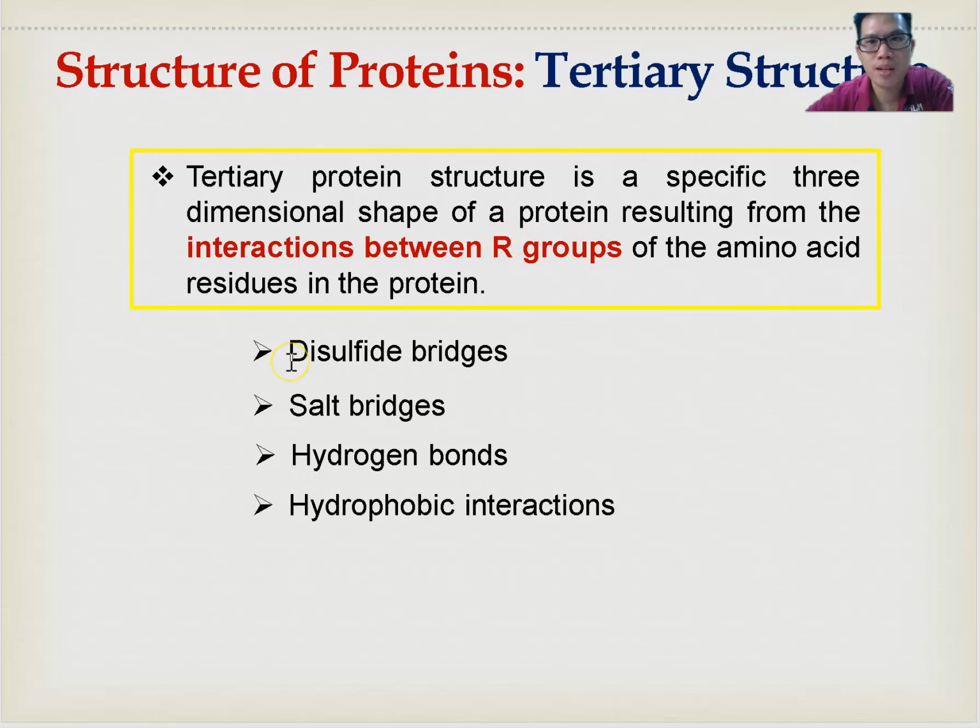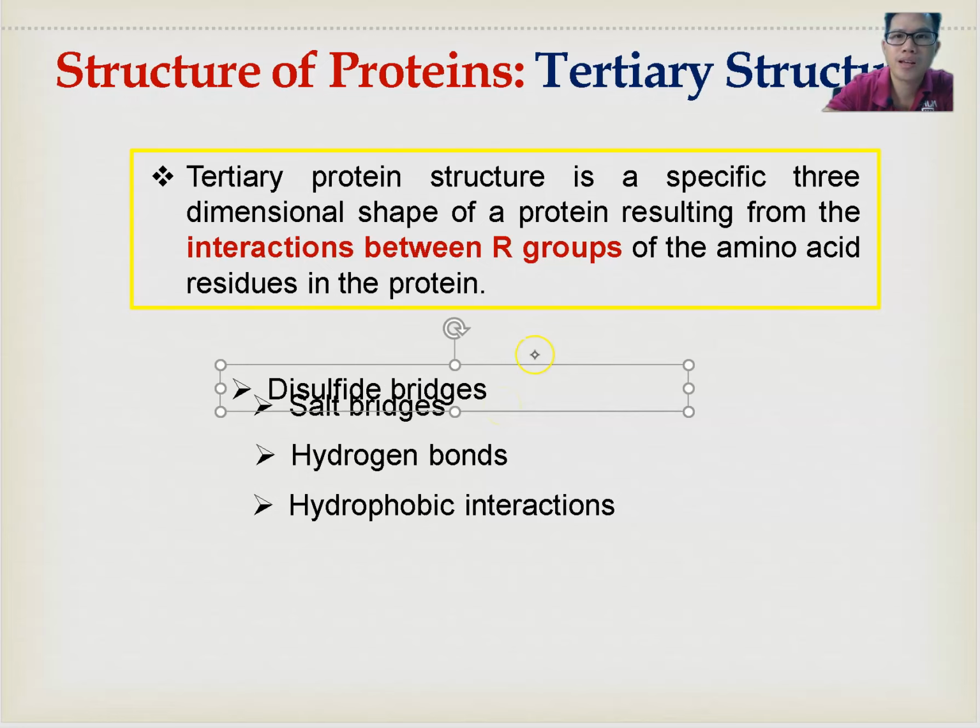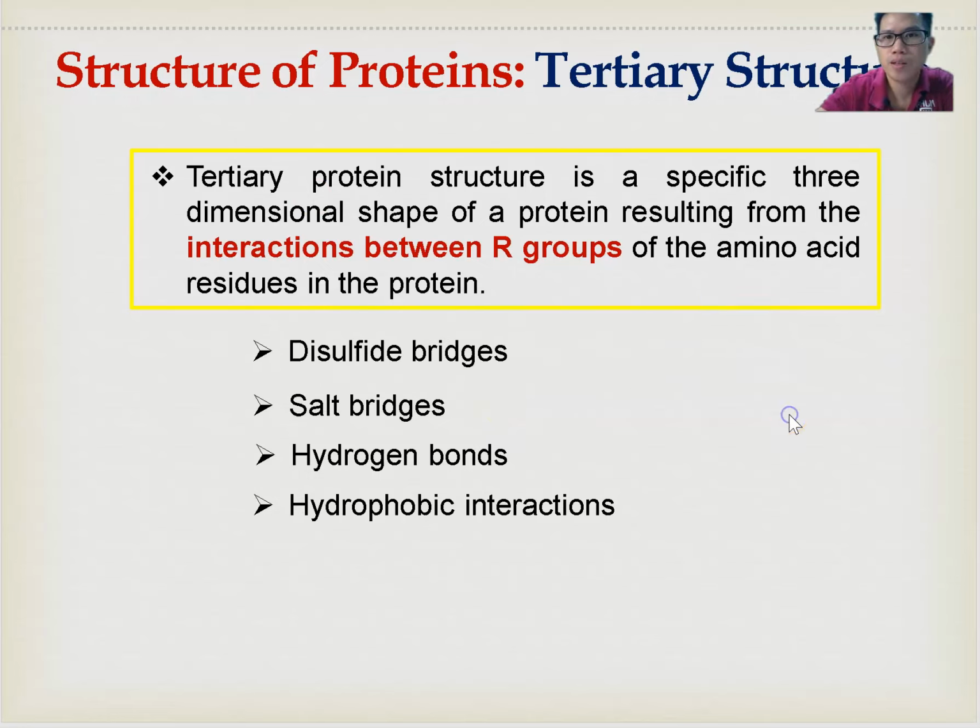For example, the R groups can form disulfide bridges, a covalent bond that I've mentioned before, disulfide bond or disulfide bridge. This is a covalent bond, so it's very strong. If you form this, the whole structure is going to be very stable.